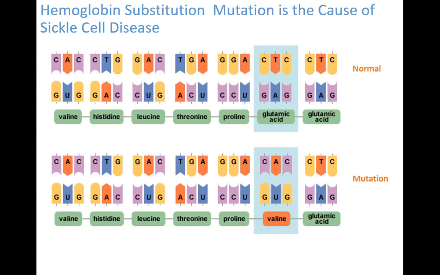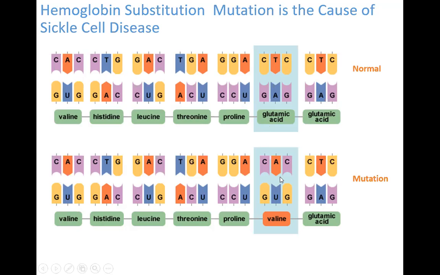But look at the similarity between the sequence for glutamic acid and the sequence for valine. Cytosine, thymine, cytosine, adenine, cytosine. The sequence is very, very similar. So not only is it one mistake at the number 6 spot, it's one base in the codon that causes this.